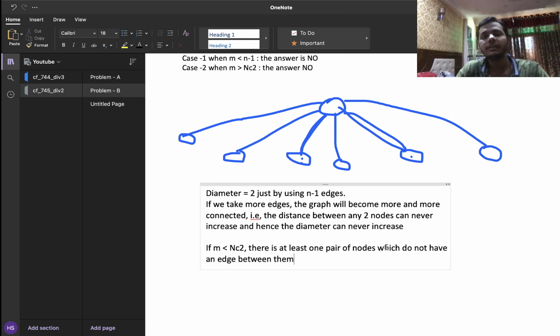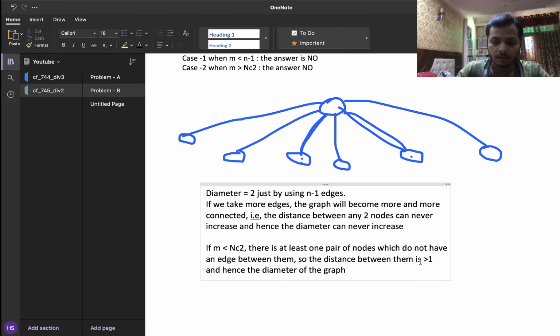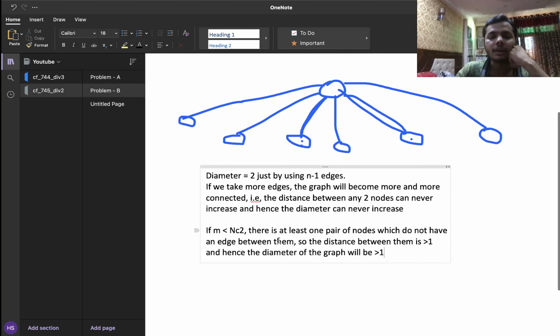Now if there is no edge between two nodes, obviously the distance between them would be greater than 1. That is a fairly obvious thing to say, and hence we can say that the diameter of the graph will be greater than 1. So I have proved that as long as m is less than nC2, the diameter of the graph will be greater than 1, and I have a graph with diameter 2 using just n minus 1 edges.